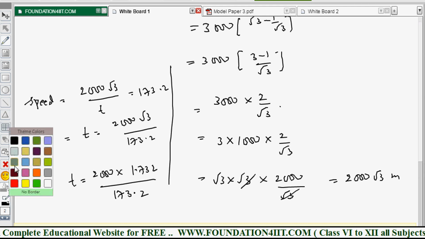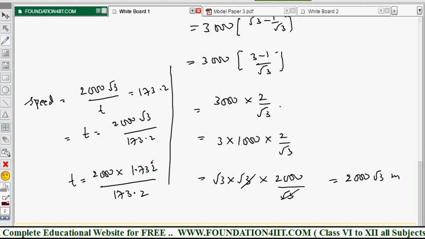If you observe, this is 1.732 ones and this is 100 because the point is here, then 100 ones 100, that's it, that is 20 seconds.